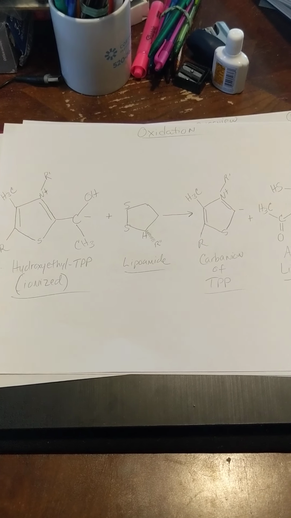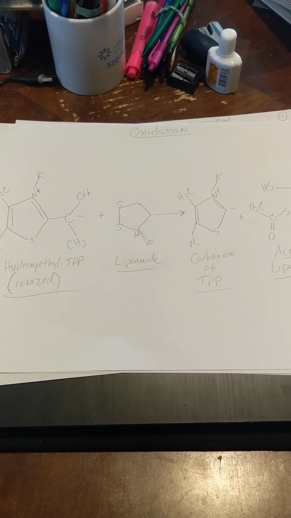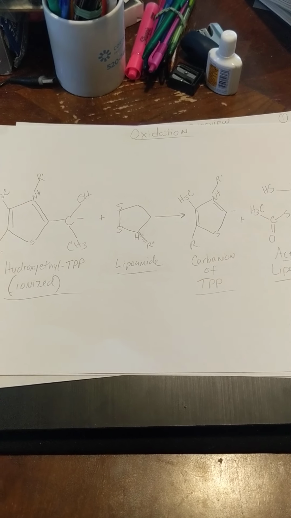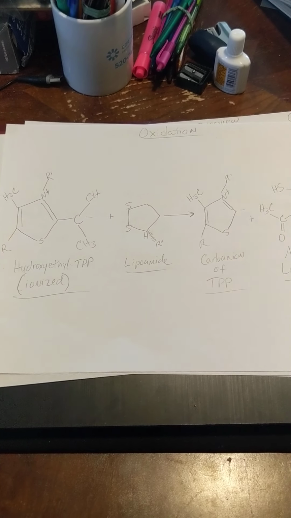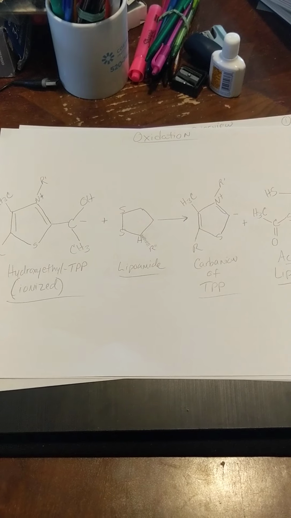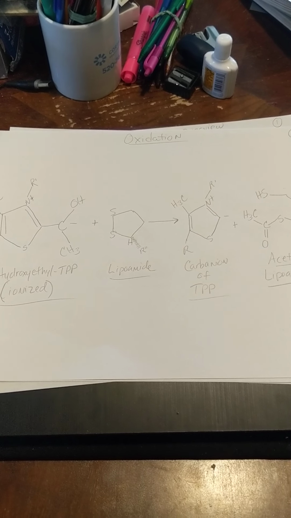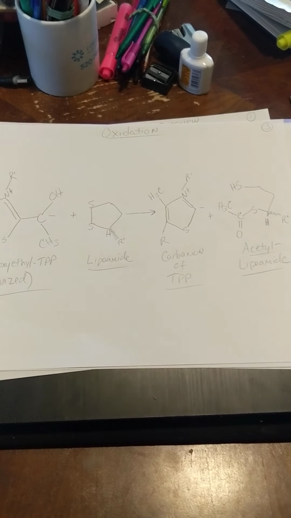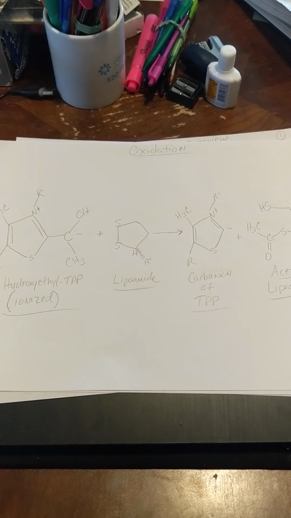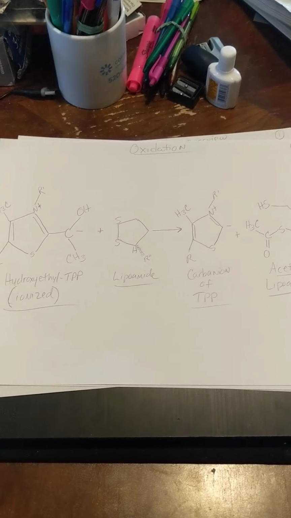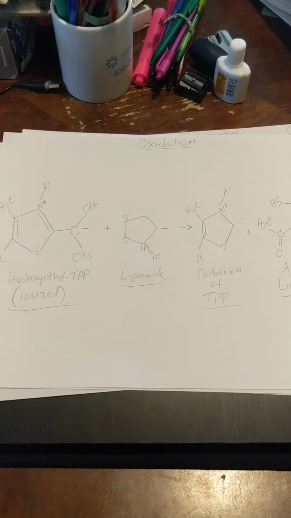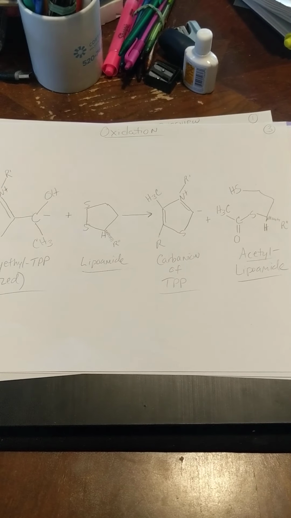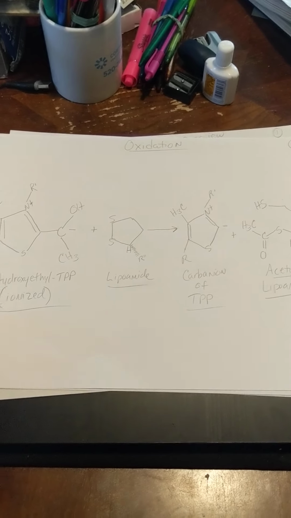This transfer leads to an energy-rich thioester bond. The disulfide group is reduced to its disulfhydryl form in this reaction. The reaction is catalyzed by E1, resulting in acetyl lipoamide. So that is oxidation.